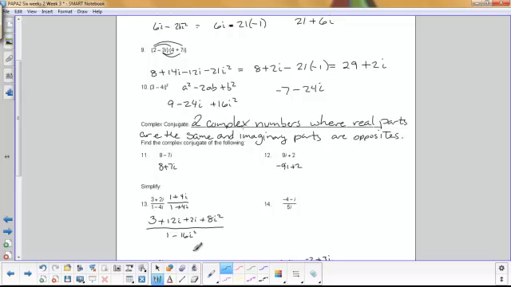Your imaginary parts in the middle are canceled out. So then what's left here is, once you simplify and remove all of your values, you get -5 plus 14i divided by 17.